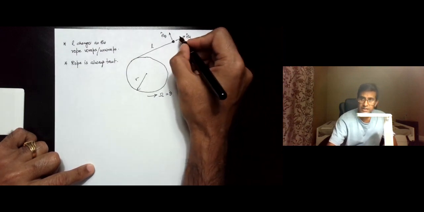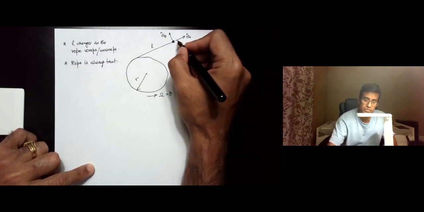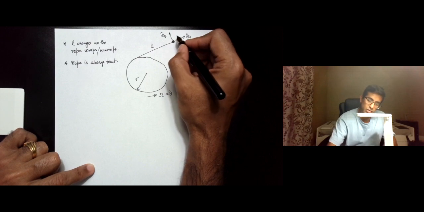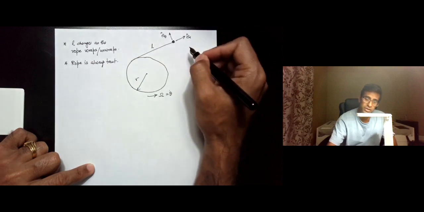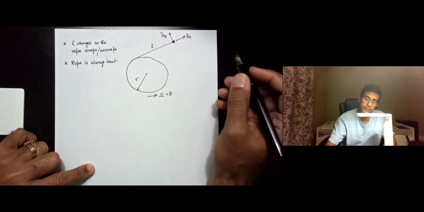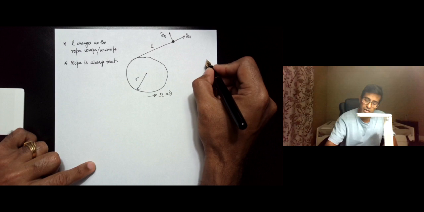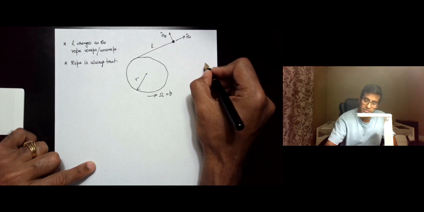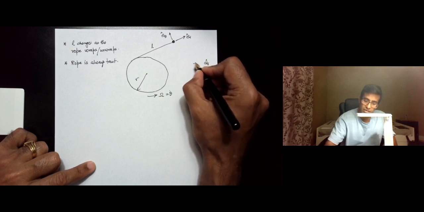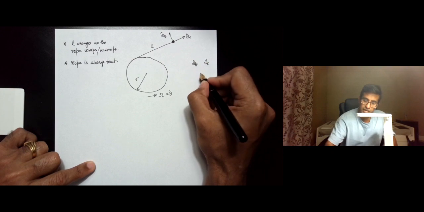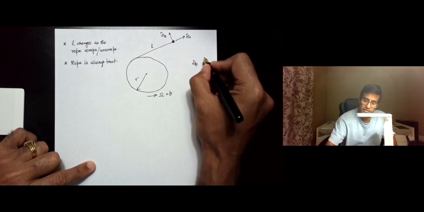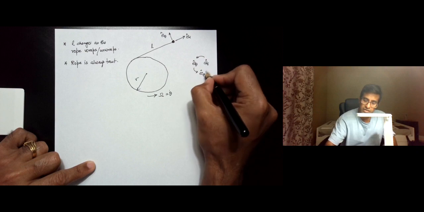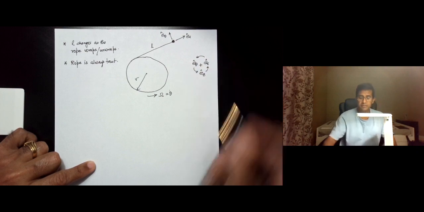Of course, Ez is mutually perpendicular to these two vectors, so it is pointing perpendicular to this sheet of paper, pointing upwards. So the right-handed coordinate system is Er cross E theta gives me Ez. So this is our right-handed coordinate system.